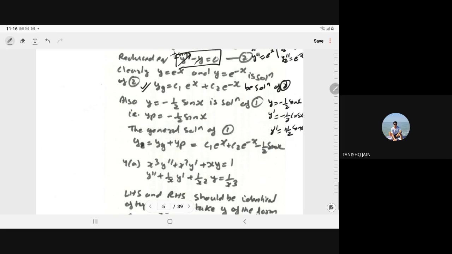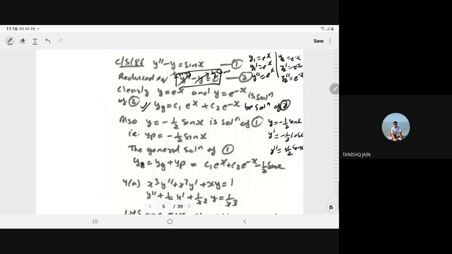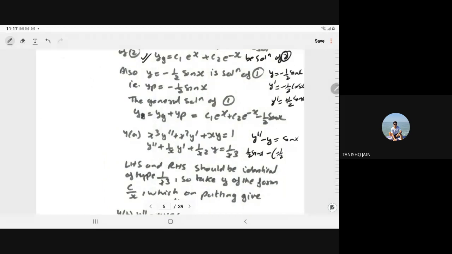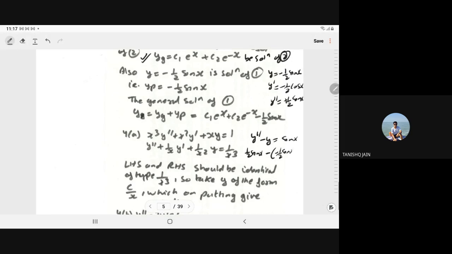Here we have half sin x, and here also we have half sin x. Just here I am writing y double dash minus y is equal to sin x. So here we have half sin x, and here we have minus of minus half sin x, which is half sin x.